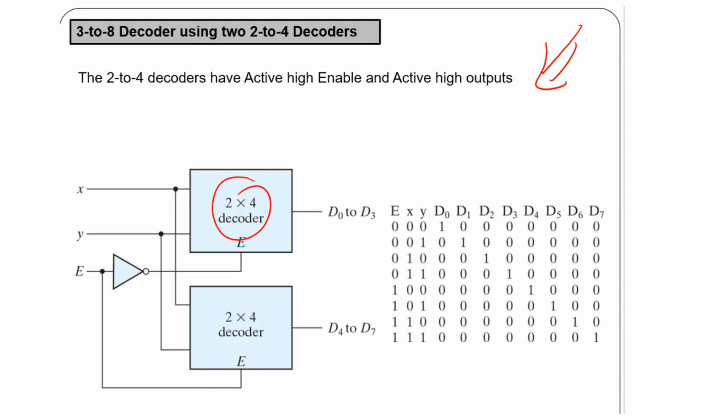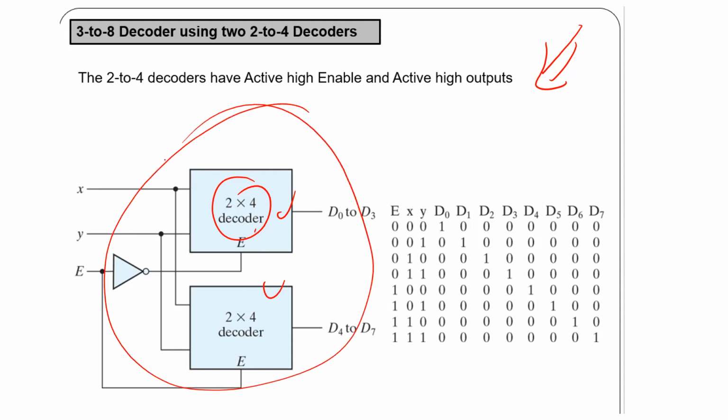Given two 2-to-4 decoders, I was able to create here a 3-to-8 decoder. So think about it, read the slide, and try to think how I made it.